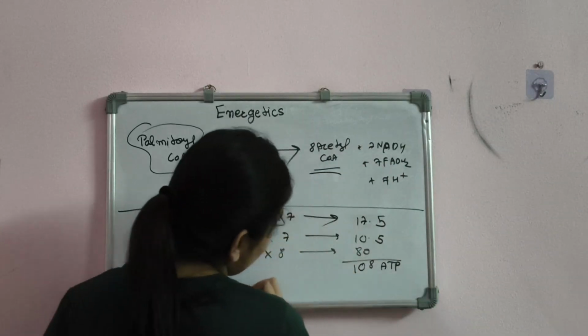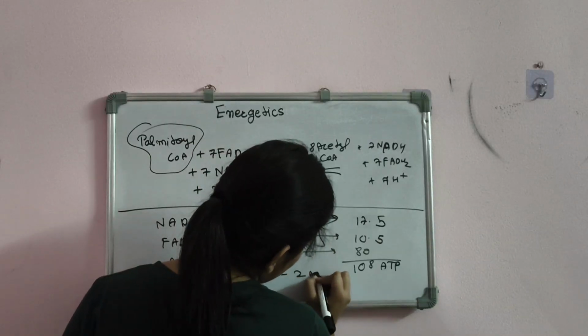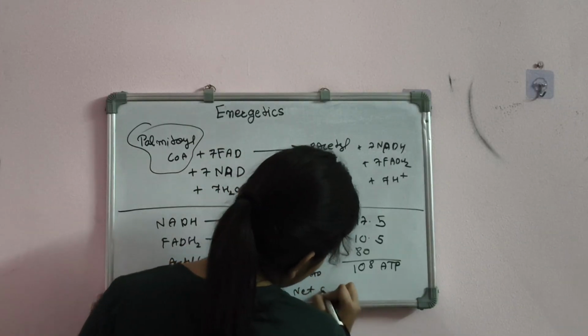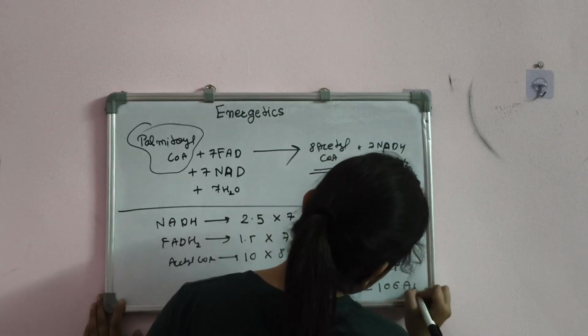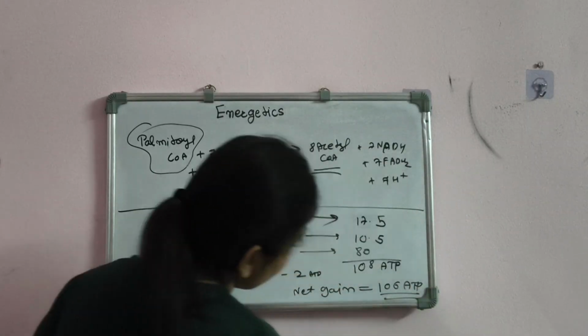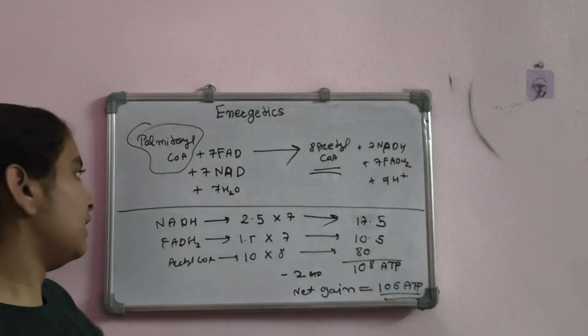ATP. Now 2 ATP are required, so minus 2 ATP, the net gain is 106 ATP. So basically the total amount of ATP we get after oxidation of fatty acid is 106 ATP.